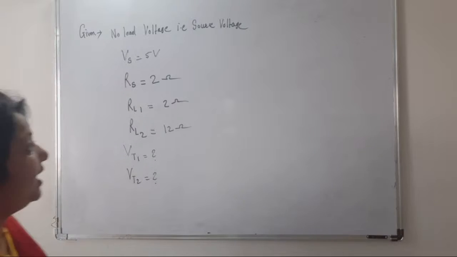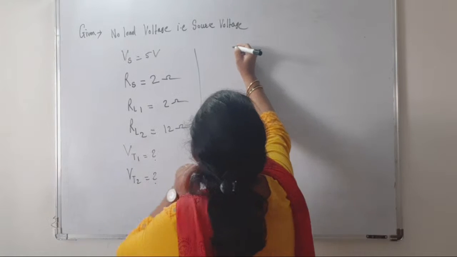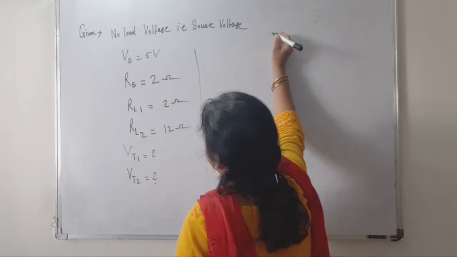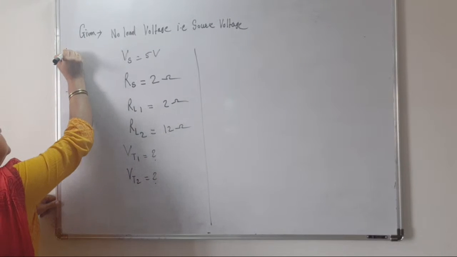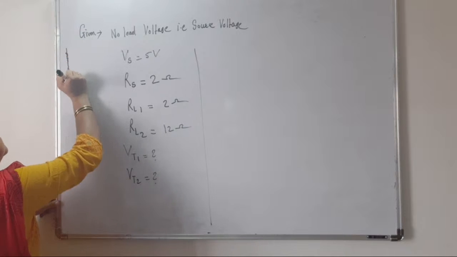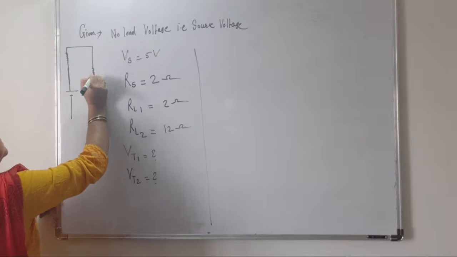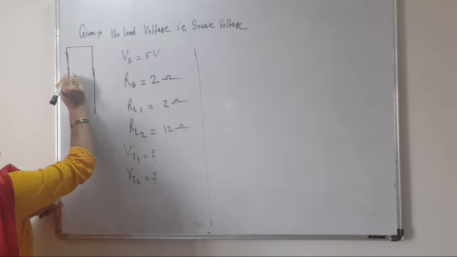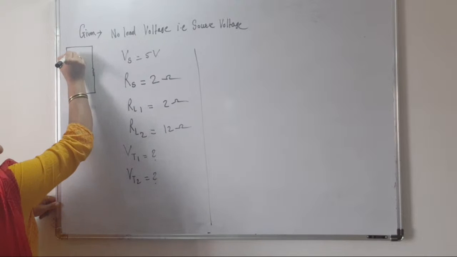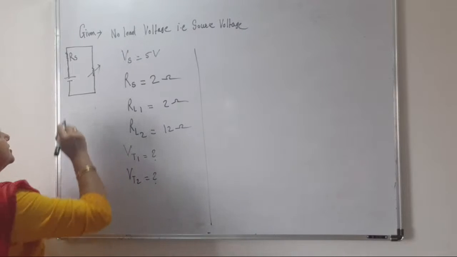So how do you calculate? Now we know that formula. Draw that diagram. Given: variable resistance, the symbol for variable resistance is like this.